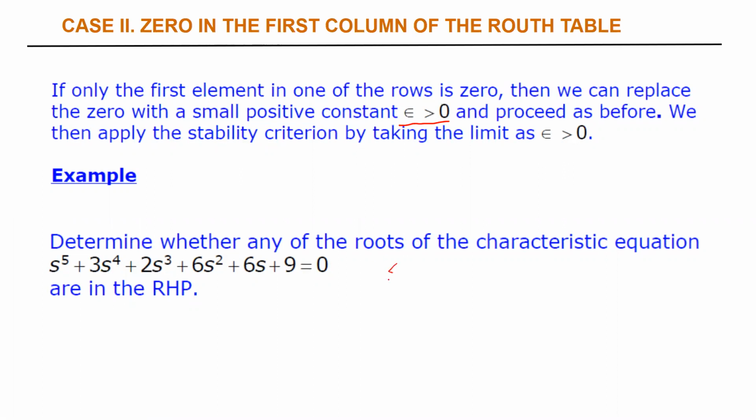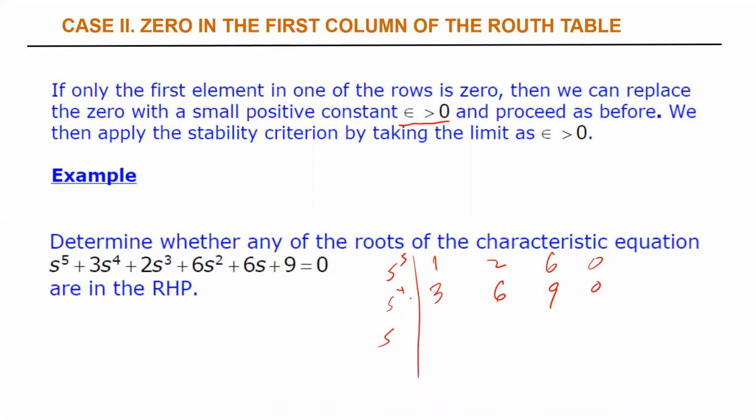So this is s to the 5, s to the 4, and those from the characteristic equation. What do I have? 1 2 1, then 2 1 2... the s to the 4 row: 1 2 6, isn't it? 6 6. Sorry, 0. Then 3 3 6 9, 6 9 0.